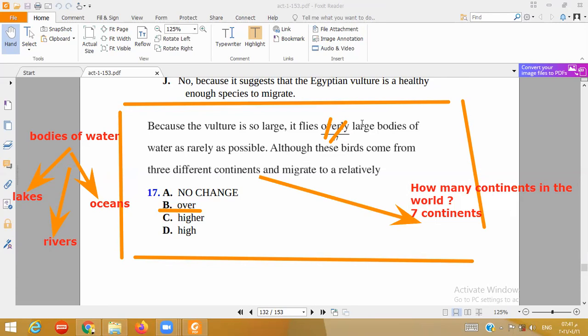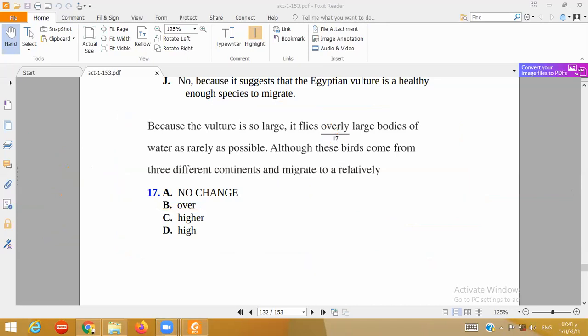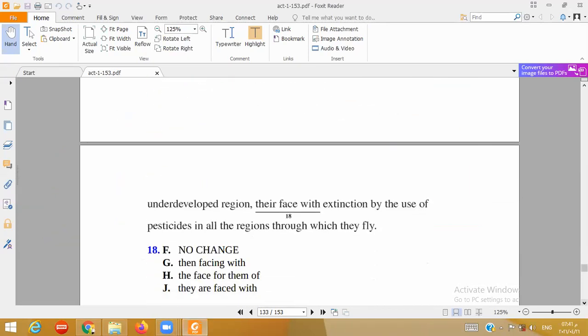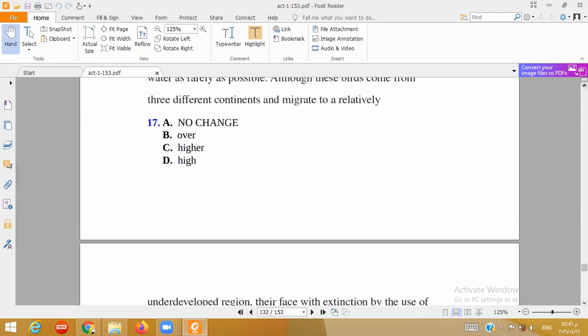All right, good. So the Egyptian vulture comes from three different continents, and migrate. Migrate means to move, to leave your home and go to another home.